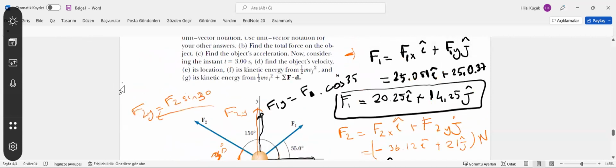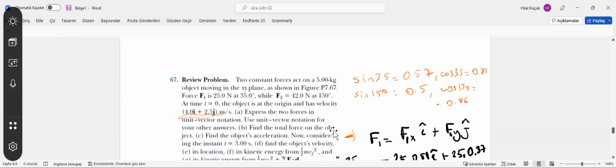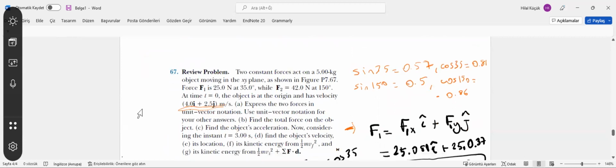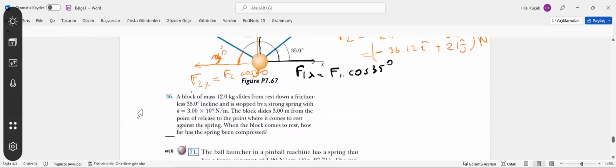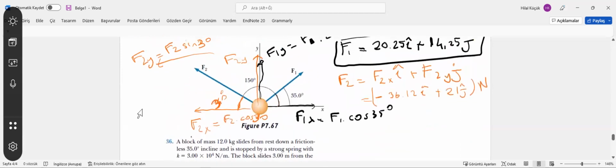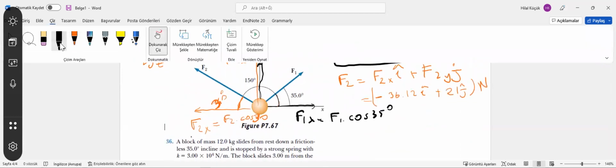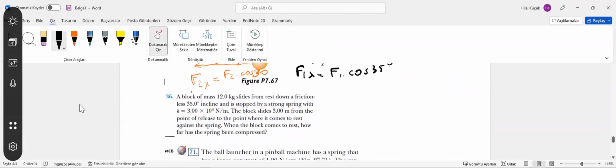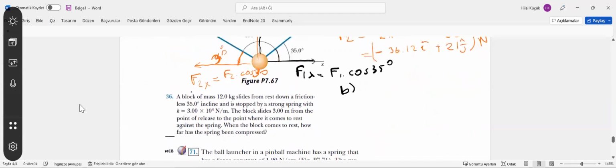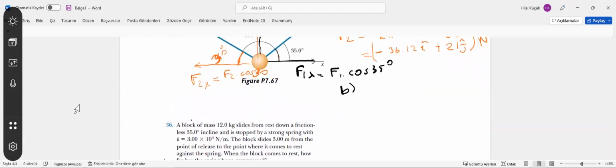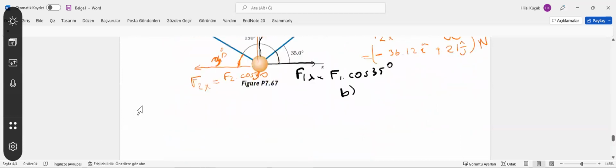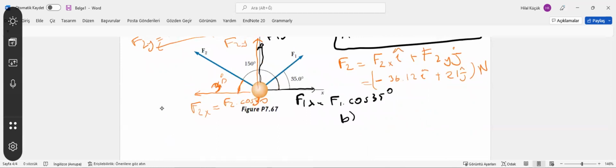What's the other question? Find the total force on the object. It is an easy part. If you find F1 and F2, it is asking for the B part. It's asking for the total one. What is the total one?